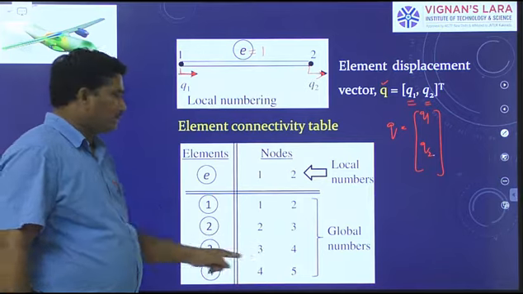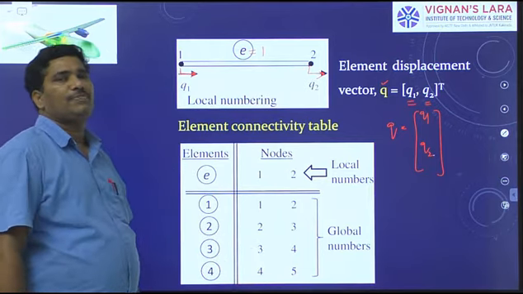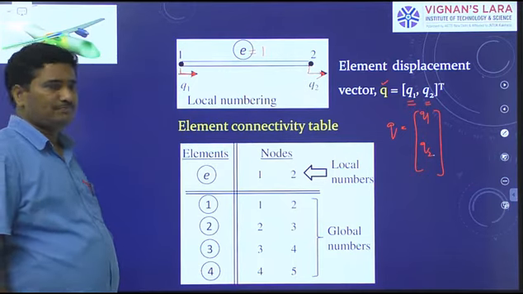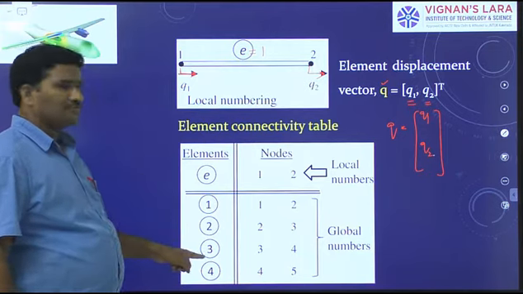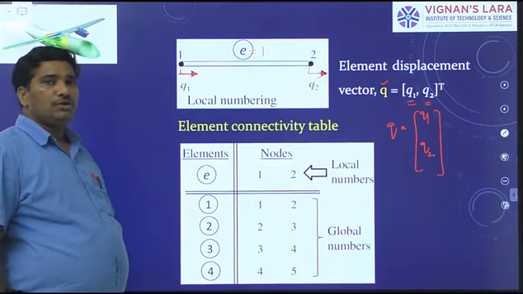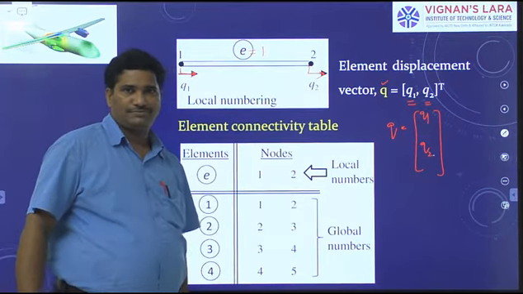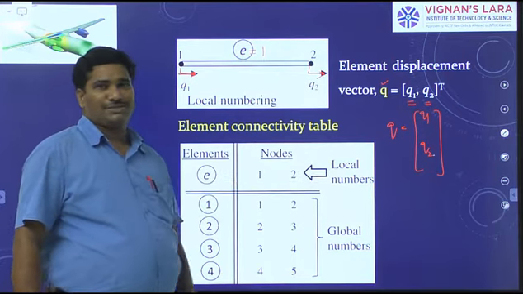This is the element connectivity table. How do you prepare it? As I said, the element connectivity table gives the node numbers of the elements and the element numbers also. Node numbers of the domain we call global numbers. Node numbers of the elements are the local numbers.